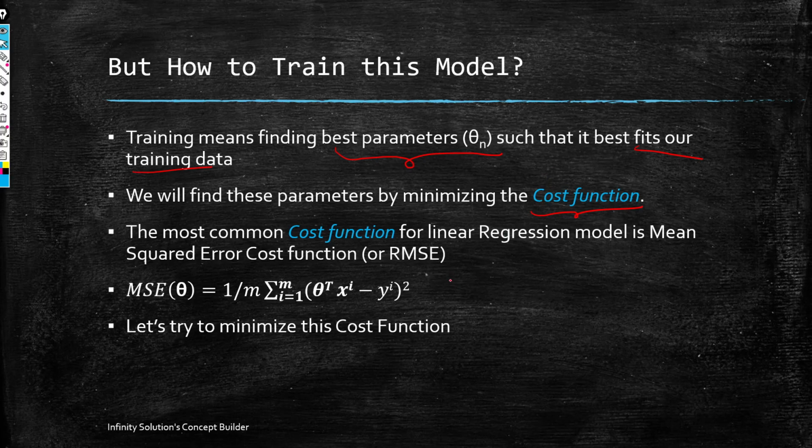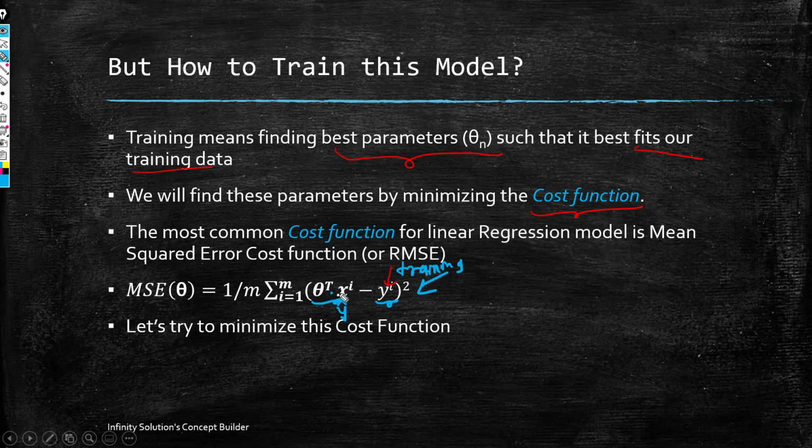Clearly you can see that in our training data we have the actual y. This is the actual y from our training data, and this is our predicted y from the dot product. This is the dot product between the two.